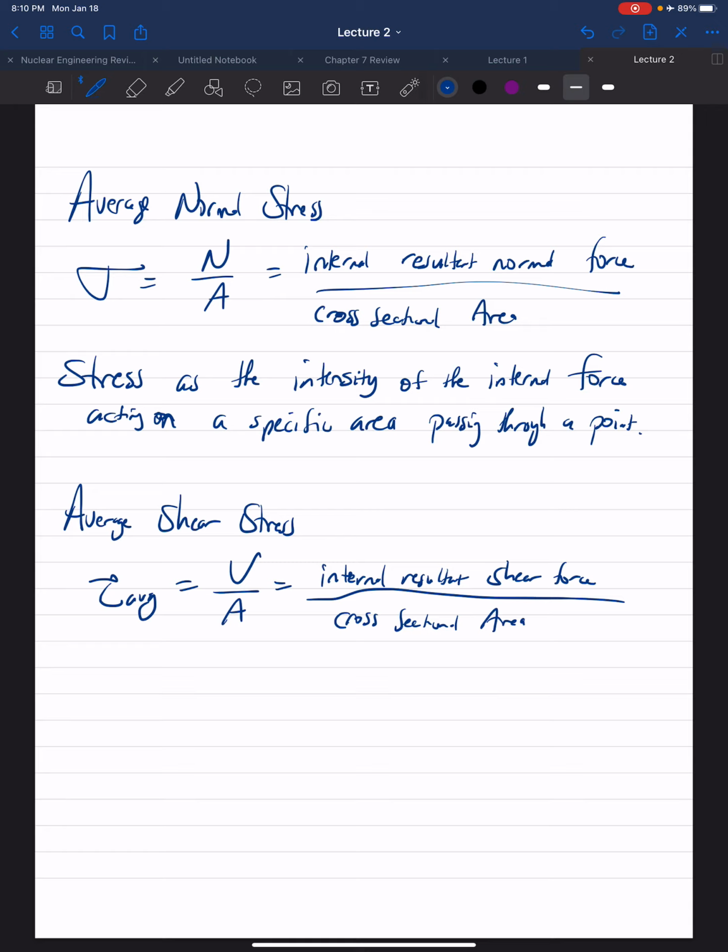And we worked problems dealing with pins where it could be double shear or single shear. So let's work a couple more problems dealing with these concepts, and then we'll go into something new.